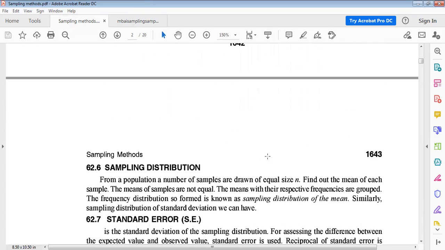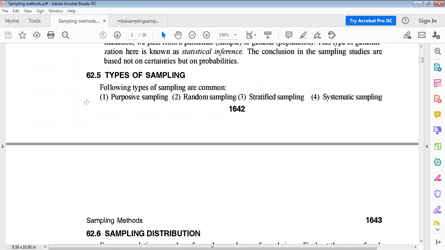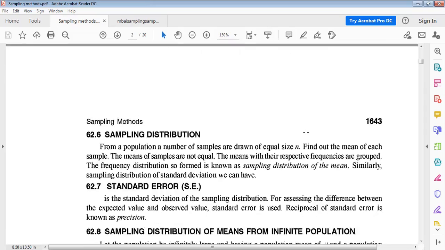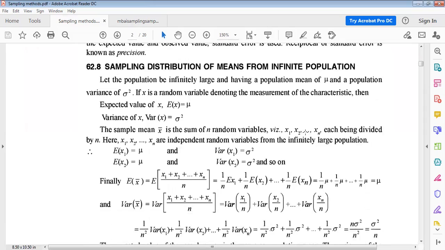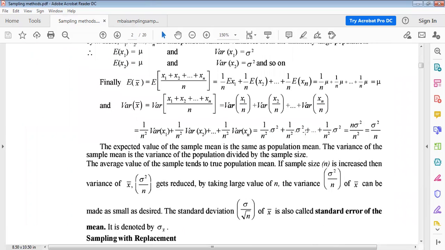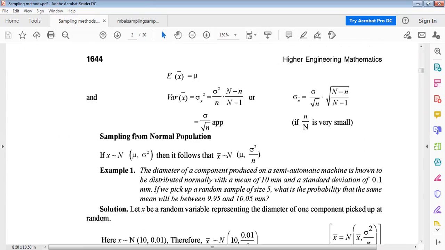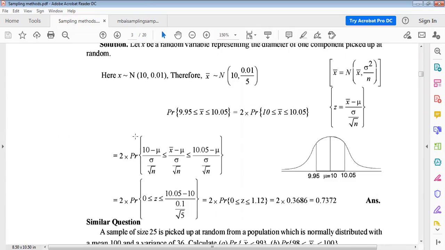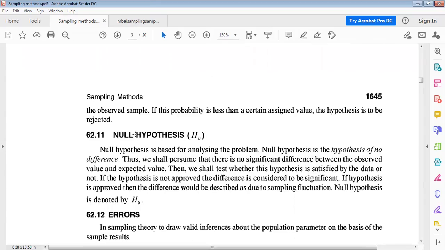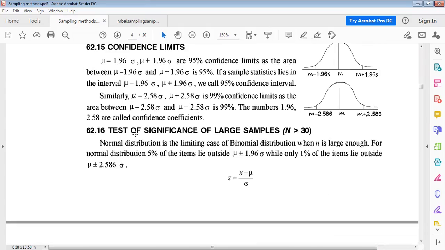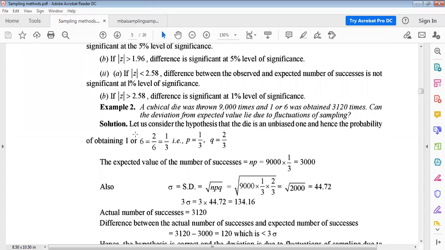Types of sampling we have studied. Actually, sampling distribution, expectation of x bar and variance of x bar. We have studied this from the slide. Now try to study some examples related to this.